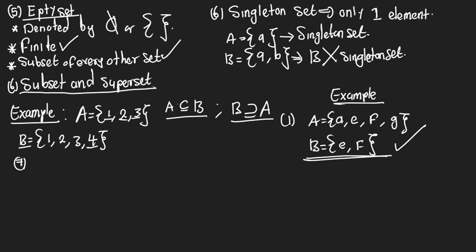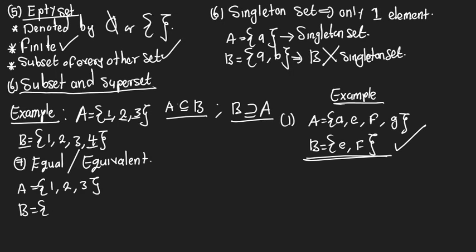When is a set equal and when is a set equivalent? Another example, if A is a set of, let's say, real numbers 1, 2, 3. At the same time, if B contains the elements 1, 2, 3.